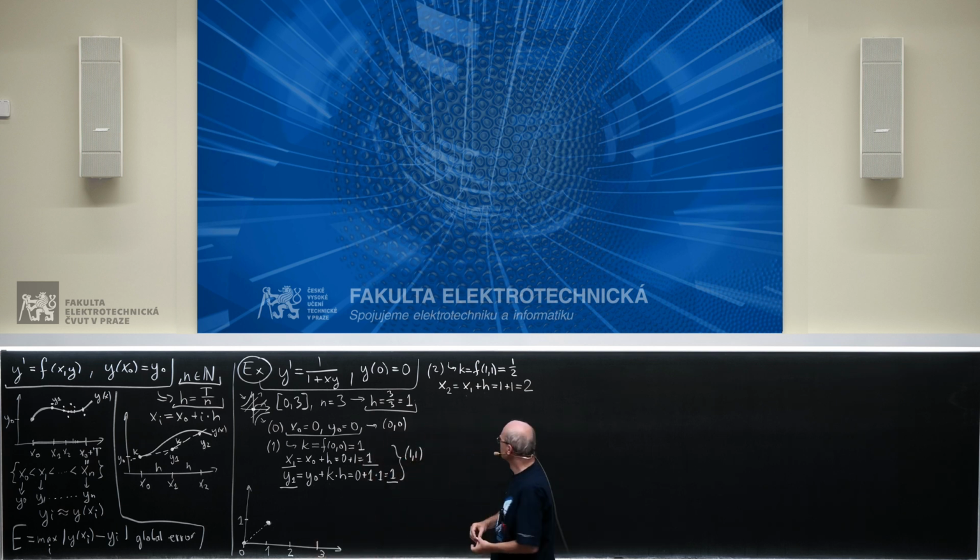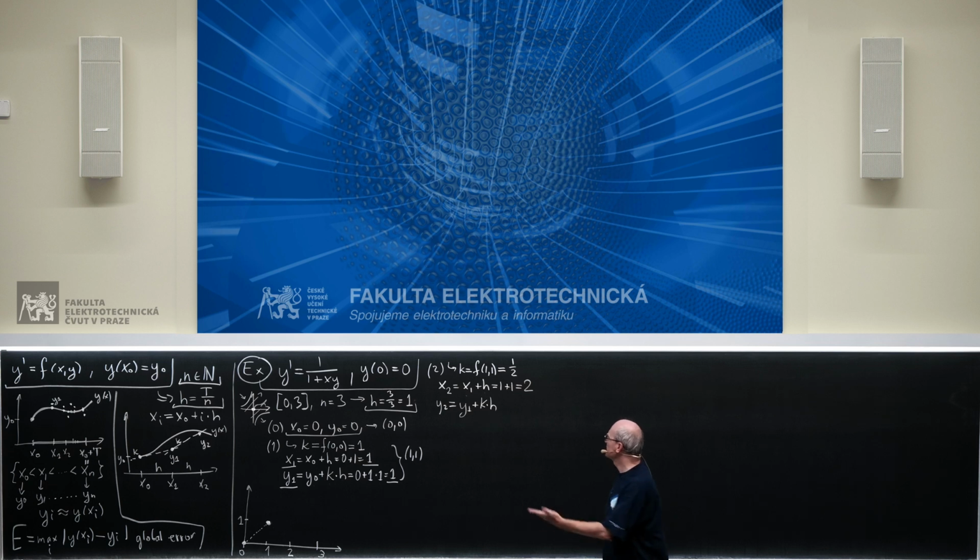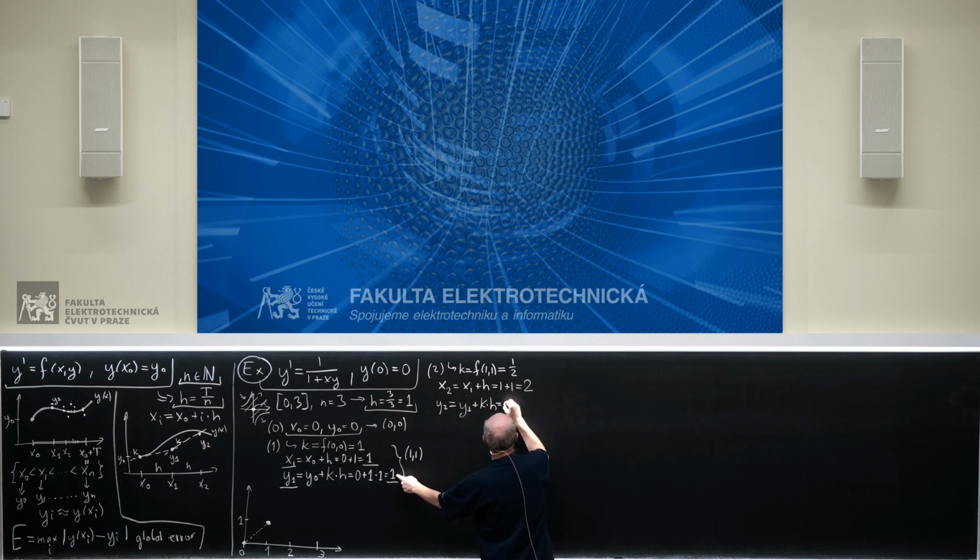Okay. How about y2? Well, we were sitting at y1, and we want to move to the right with a slope k and a horizontal displacement h. That's the familiar formula. Now we substitute. y1 is 1, k is 1/2, and step size is 1.